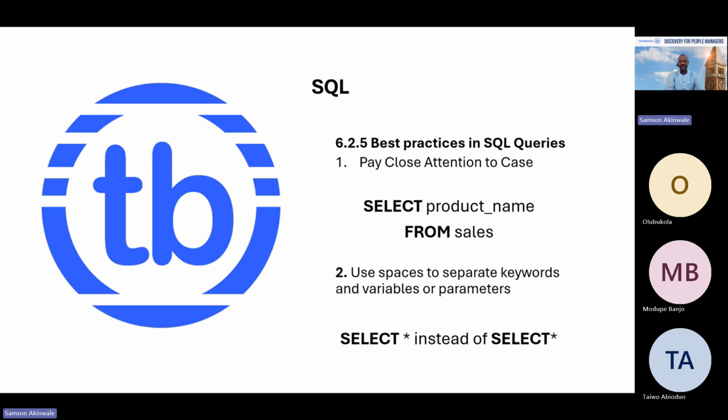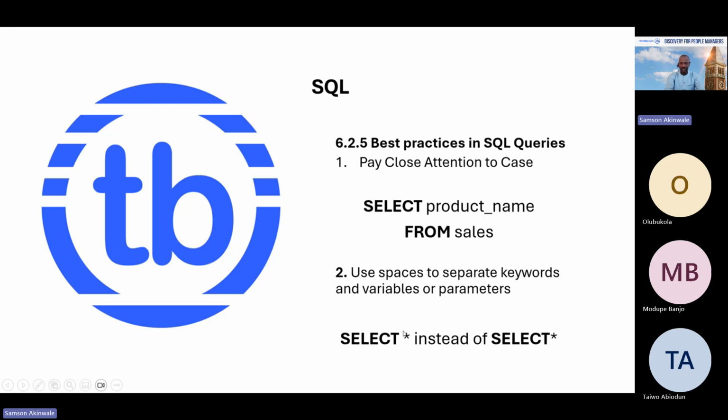Second good practice is to also always ensure that spaces are introduced to separate keywords from attributes, or keywords from variables, or keywords from some sort of parameters. So for instance, select, and then I want to say select all.